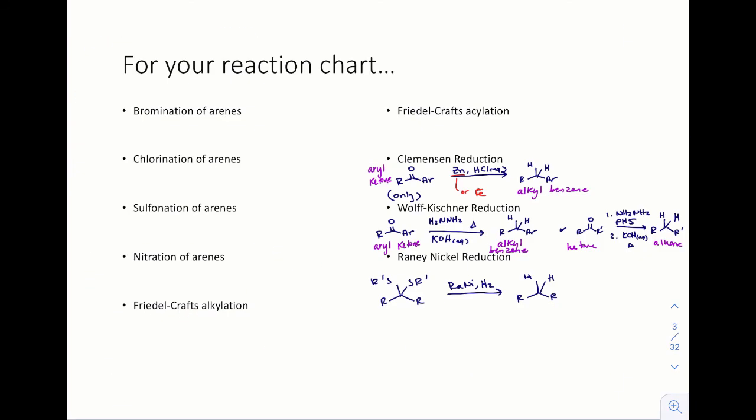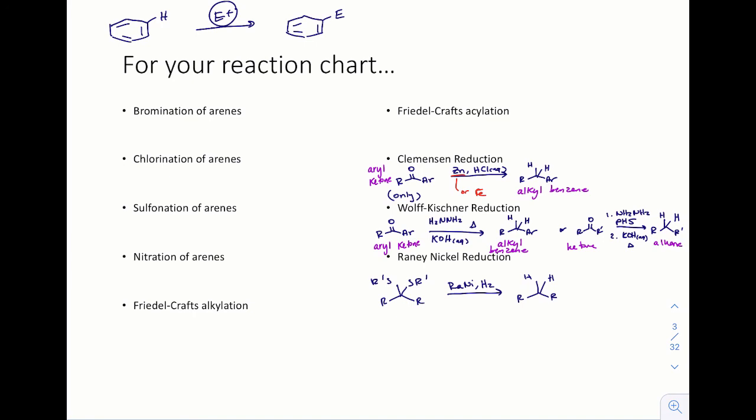We can continue to build our reaction chart, and I'll just go ahead and do this for you to review and summarize this very long lesson. We learned today electrophilic aromatic substitution reactions primarily. We learned that some superelectrophile is generated under the reaction conditions. That superelectrophile reacts in an electrophile addition step.